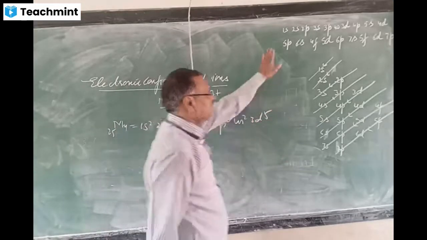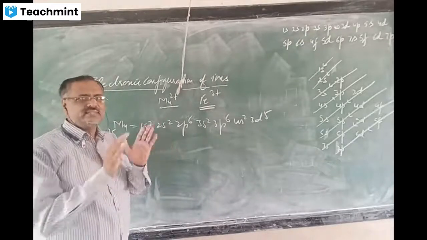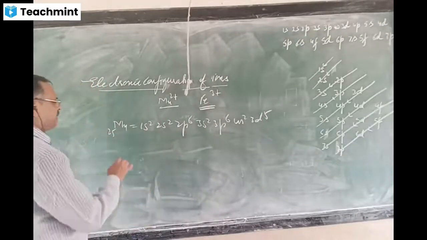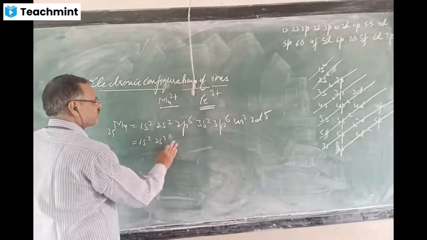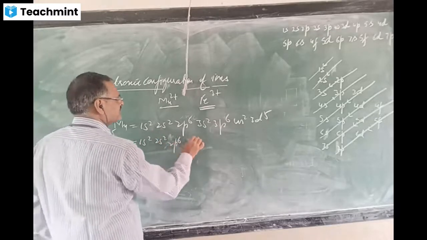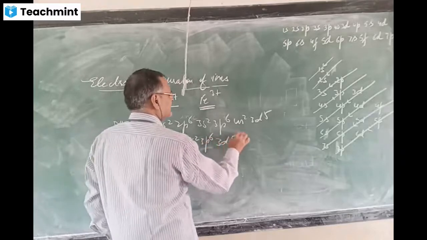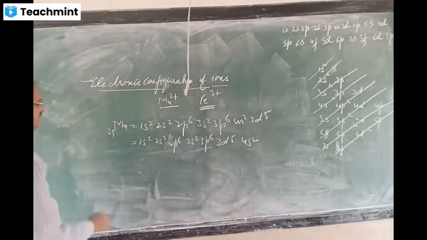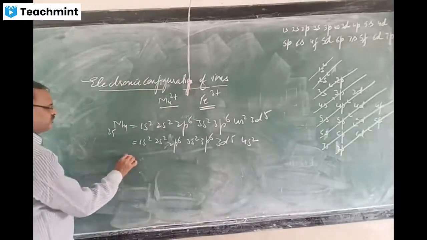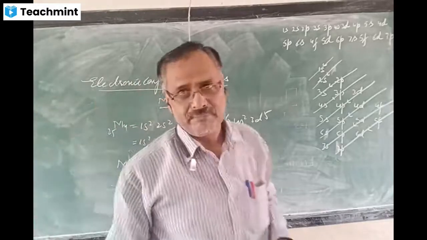First you write in the normal way. After writing, arrange in increasing order of the orbitals: 1s2, 2s2, 2p6, 3s2, 3p6, 3d5, 4s2. Now here we are taking Mn2+. Just think how cations are formed.